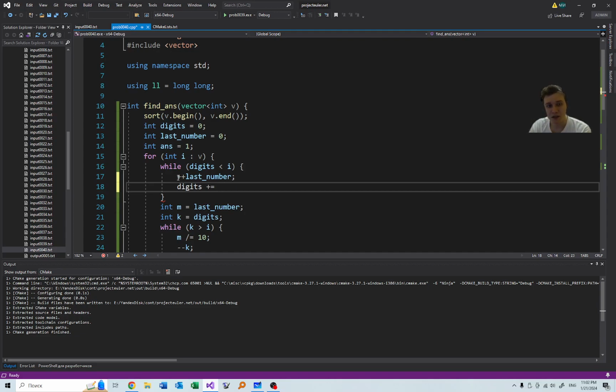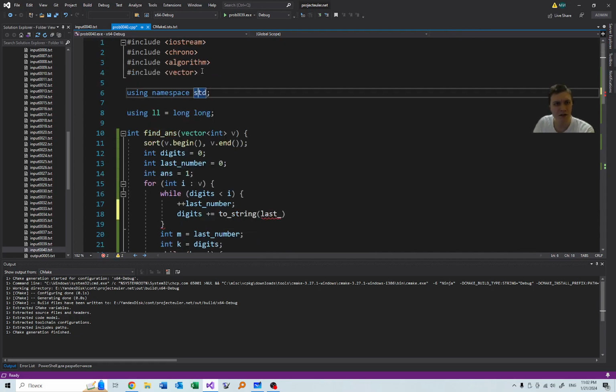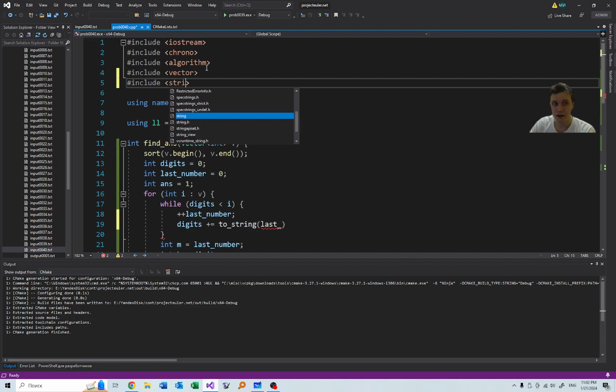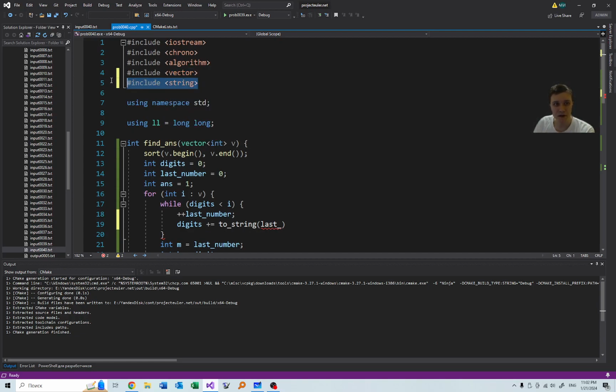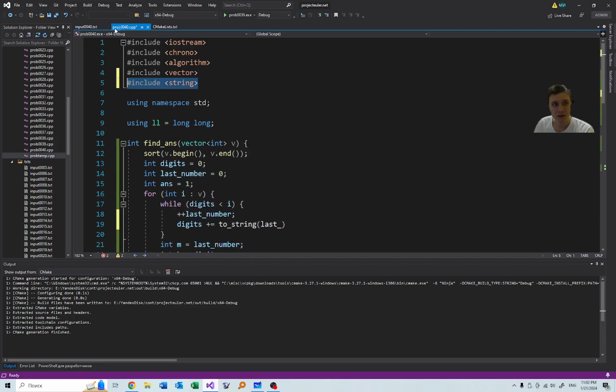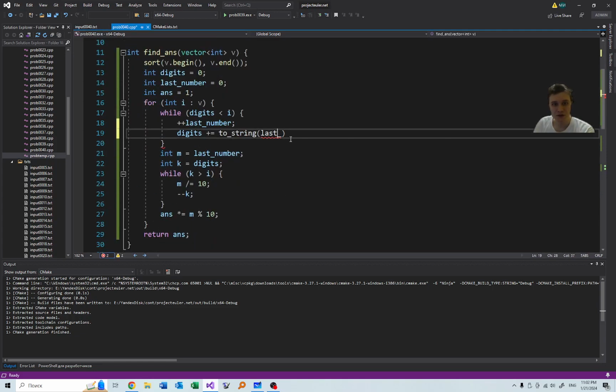So we take toString of last number, and to do that we need to include string. And actually I would like to have this line in my template. ToString of last number dot size.